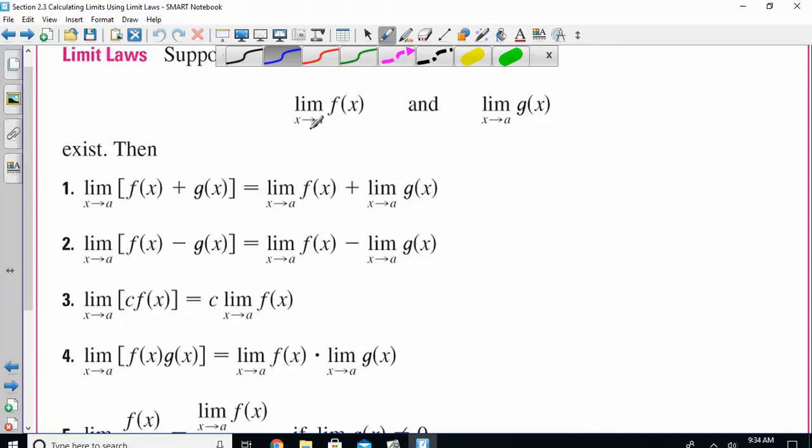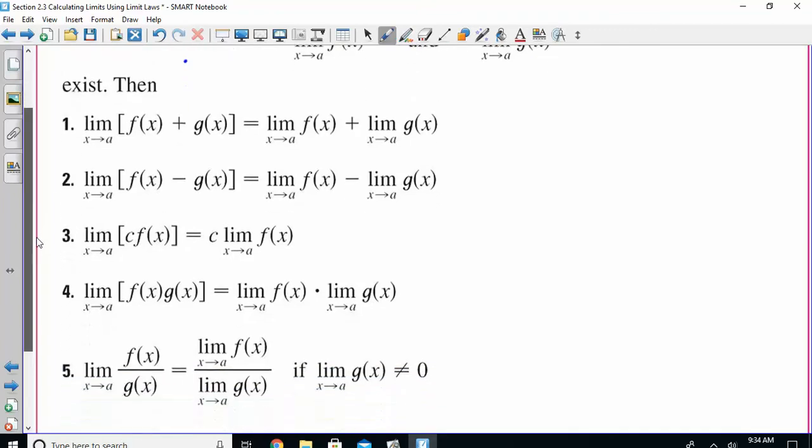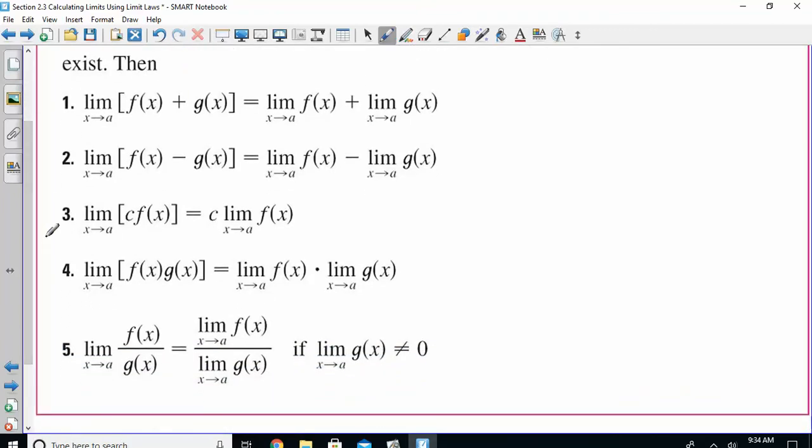If you have two functions, f and g, and let's suppose both of these limits exist. So the limit as x approaches a exists for both of them. We get an answer. Then we have all of these rules that are true.